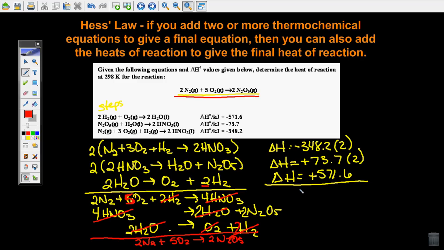So negative 48.2 times 2 plus 73.7 times 2 plus 571.6. Okay, so my change in H is 28.6 kilojoules for this equation.